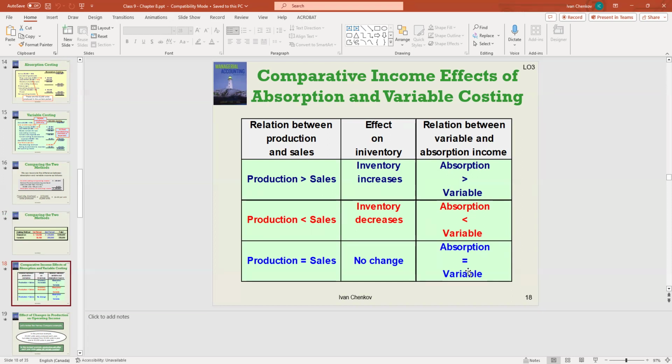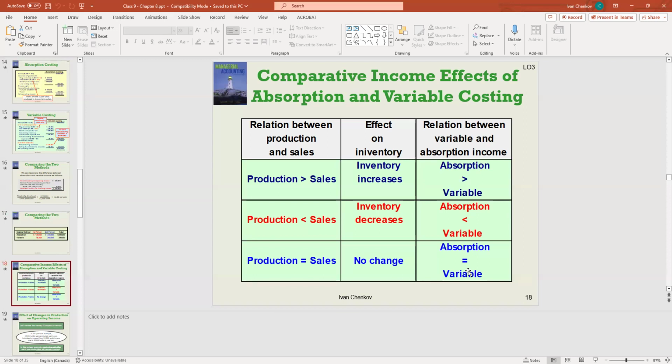That means income under absorption will always be higher than under variable, because that cost is held in the inventory under absorption, while under variable it is released in the expenses. So remember, as long as you're building inventory, absorption is going to produce higher income than the variable.